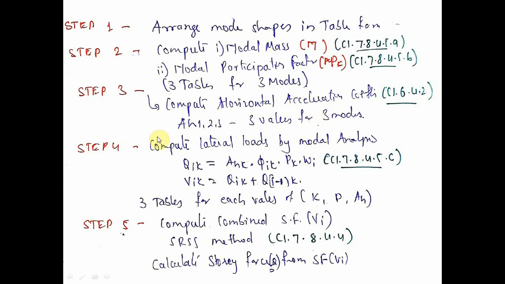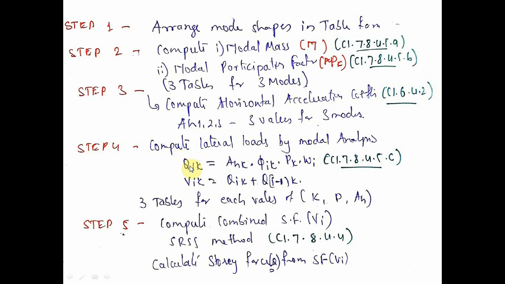Next, compute lateral loads by modal analysis. For that, use the equation Qik = AHk φik Pk Wi, clause 7.8.4.5c. Here, i indicates floor number, k indicates mode number.